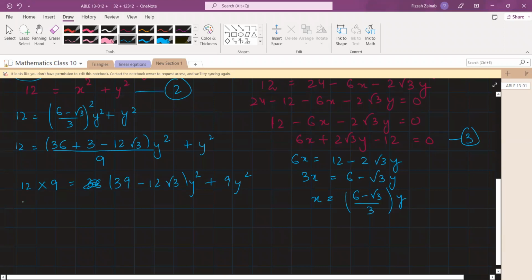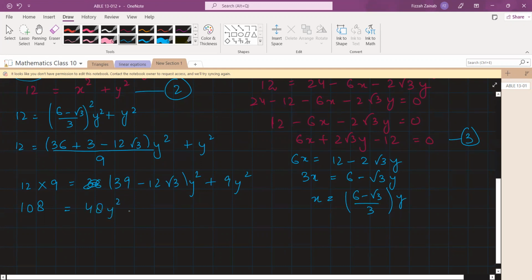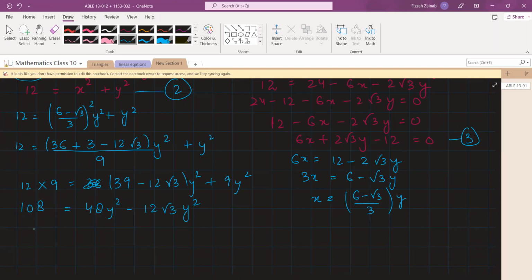So 12 into 9, how much? 9 into 2, 18, 9 into 1, and 108 is equal to... so 39y square plus 9y square becomes how much? 48y square minus 12 under root 3 y square. Yes, ma'am. Okay, so you're getting a root 3 here.